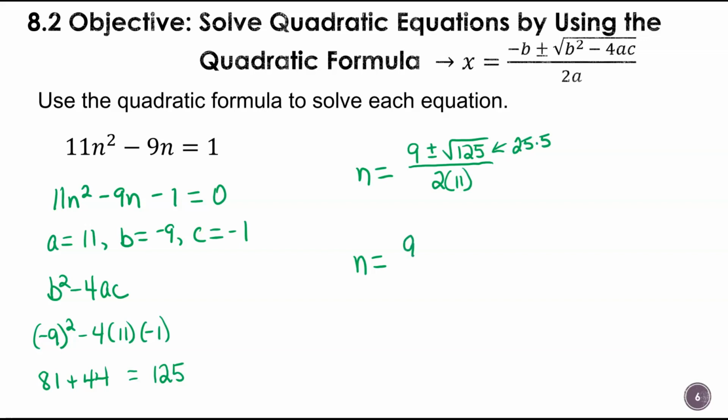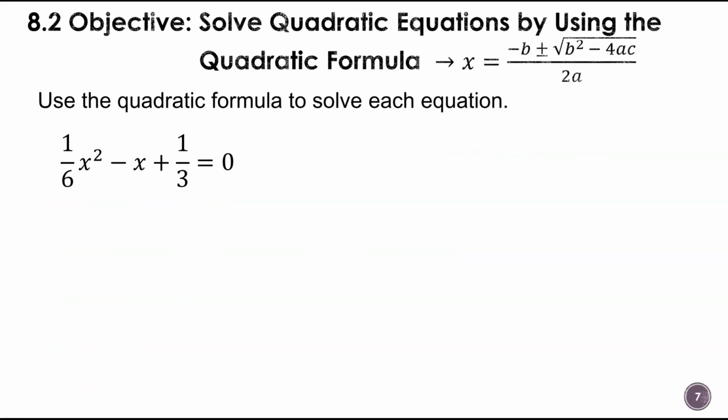So this will be 9 plus or minus 5 radical 5. Remember, I'm going to bring out the 25. The square root of 25 is 5. And then my denominator is 22. Now at this point you would check, do I have any common factors? But 9, 5, and 22 don't have any common factors, so we stop right there and we have this solved. Okay, so that's it on that one.